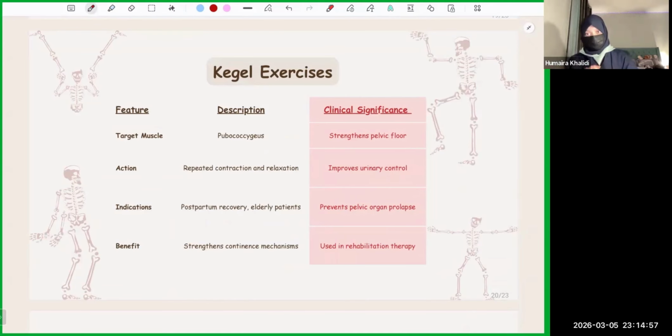So what's going to happen? Think of it this way. You're training all the muscles that you need to control you from either passing gas or releasing urine. Okay? So if you're going to hold your gas in, what are you going to do? You're going to contract a few muscles down there.